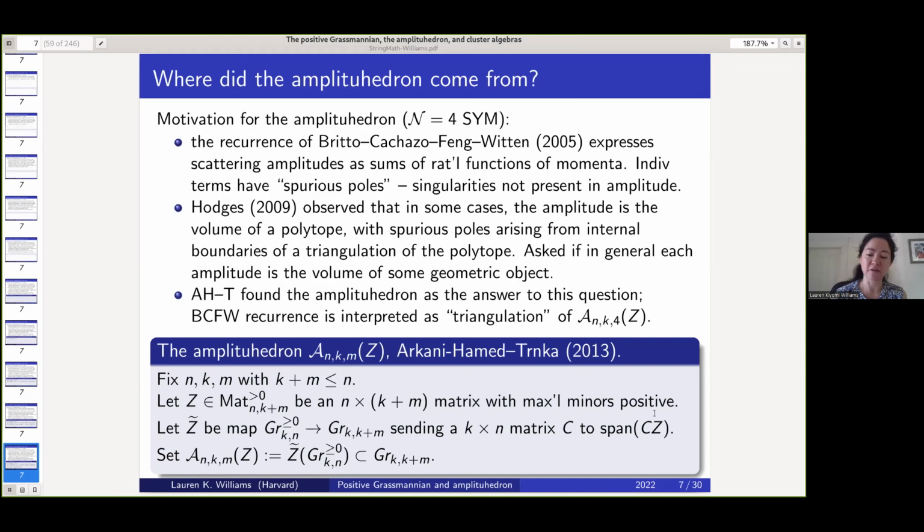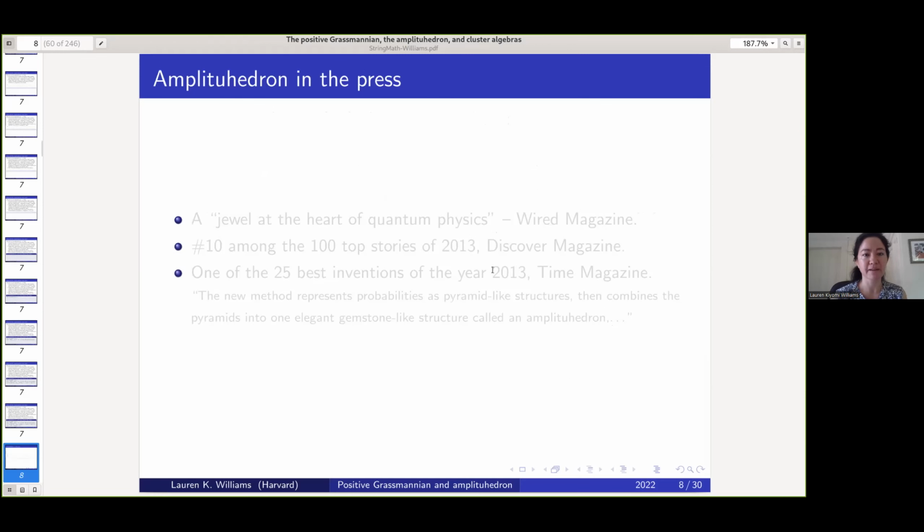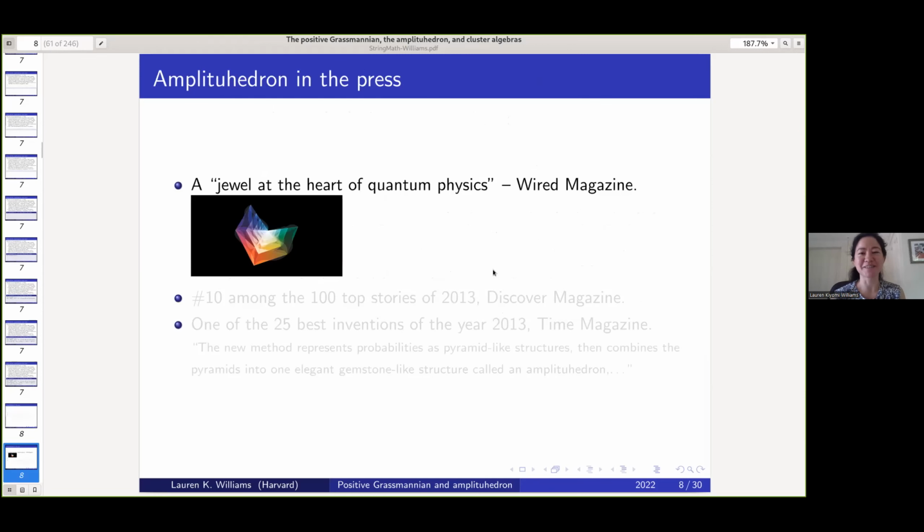Okay, so at first glance, it feels like kind of a weird map. I didn't know what to make of it when I first saw the definition, but this object turns out to have many beautiful properties. First, I'll just mention the amplituhedron got quite a lot of press when it came out.